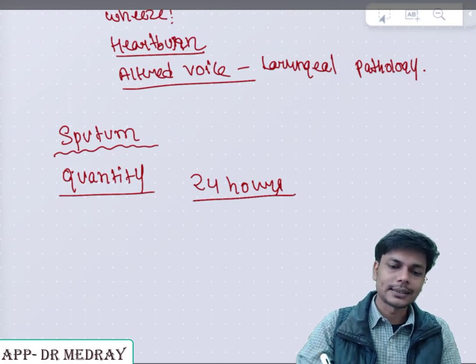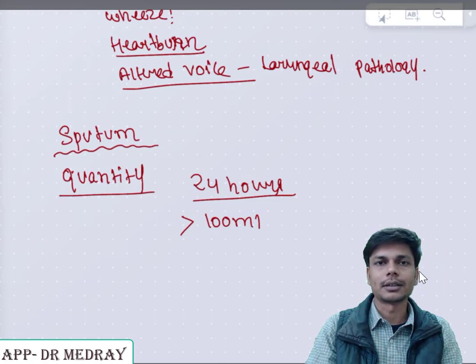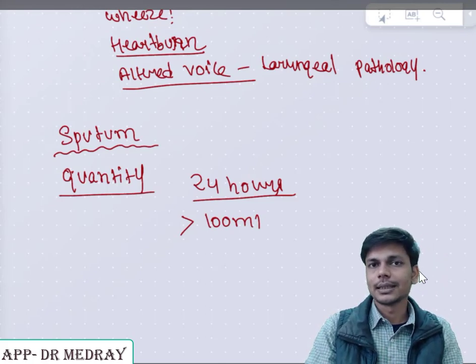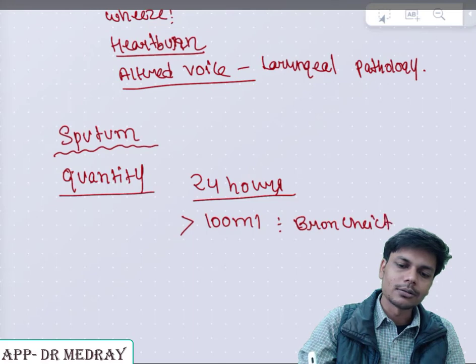If the sputum production is more than 100 ml per 24 hours, it usually suggests a large amount of sputum production, and it usually suggests bronchiectasis.